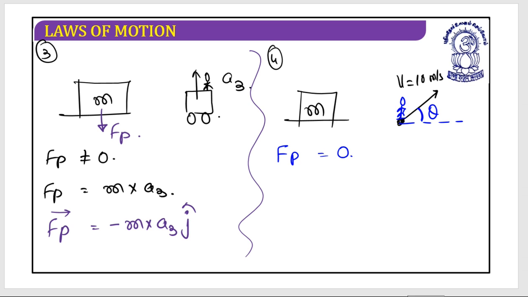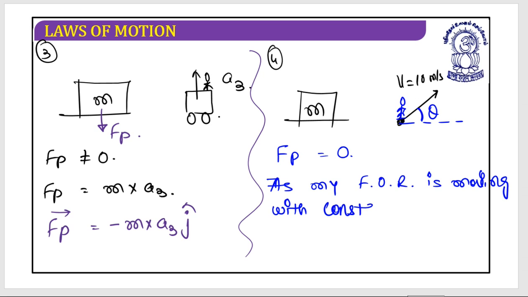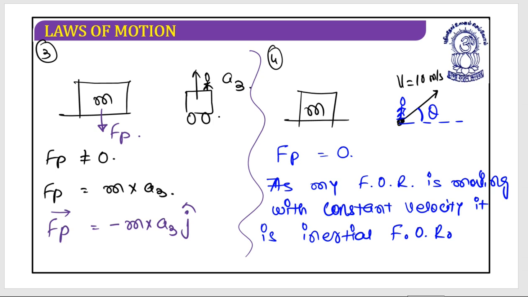Great. You understood it fully because my frame of reference is moving with constant velocity, so it is an inertial frame of reference, and as it is an inertial frame of reference, the pseudo force would be 0.